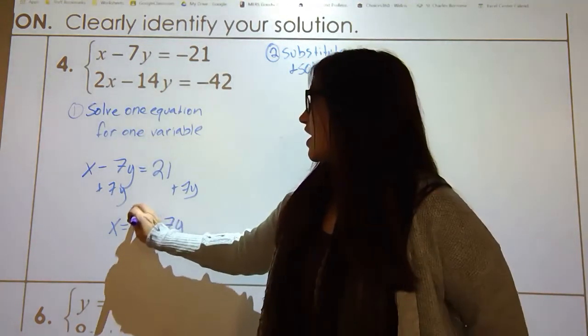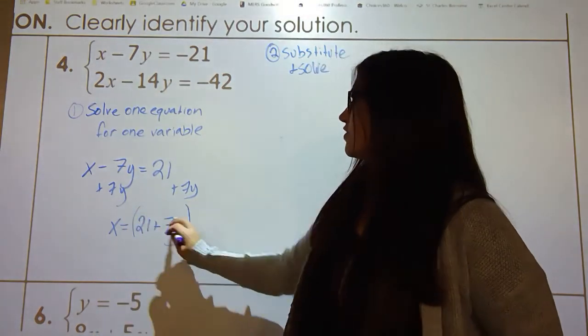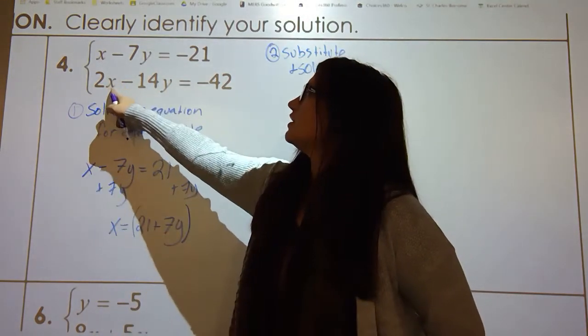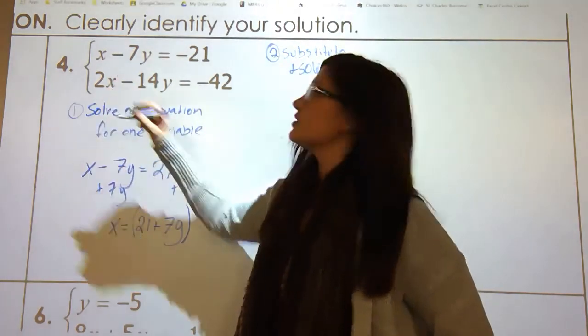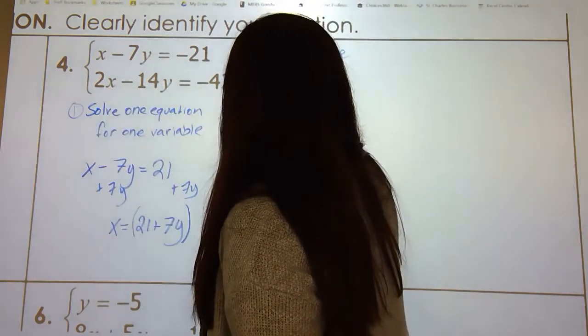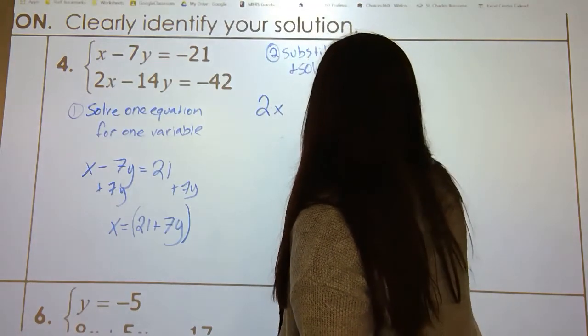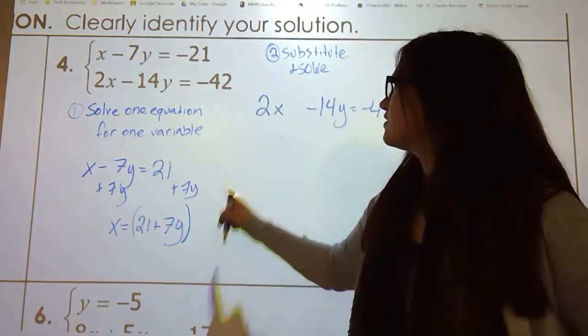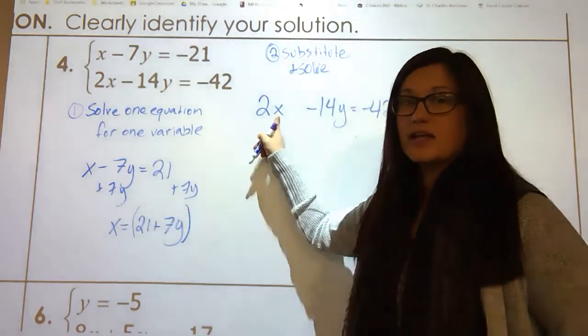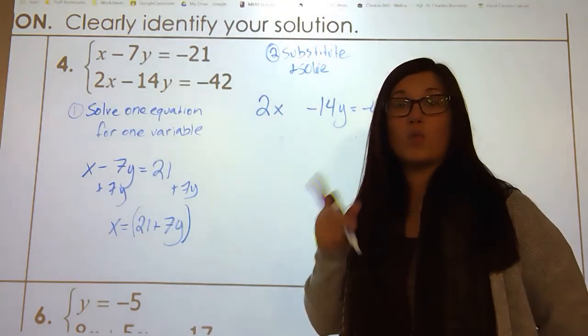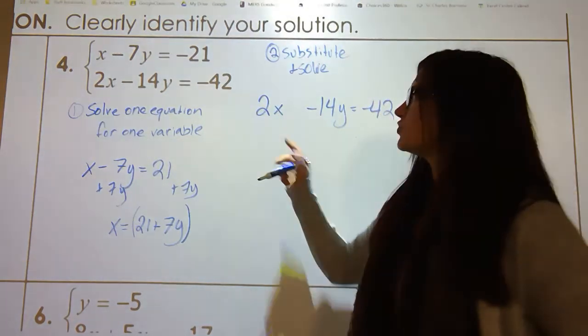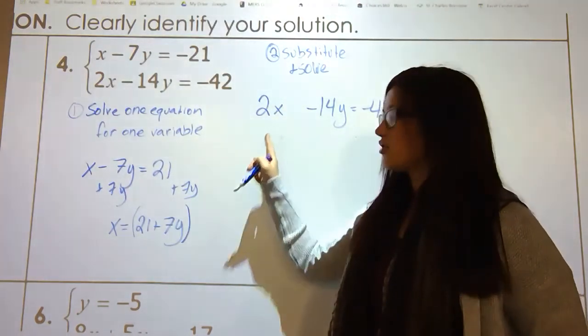So I'm gonna take my x equals 21 plus 7y and plug it into my other equation where x is. So I'm gonna have 2x minus 14y equals negative 42. But instead of x, I'm gonna write it in terms of y. Okay, that's math language right there.